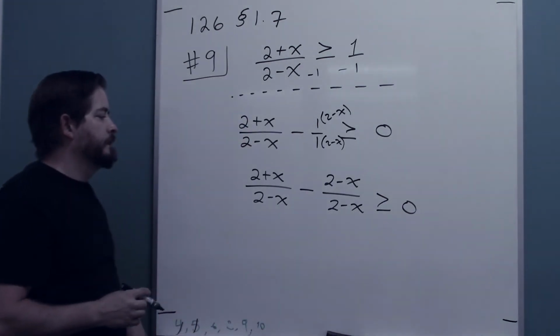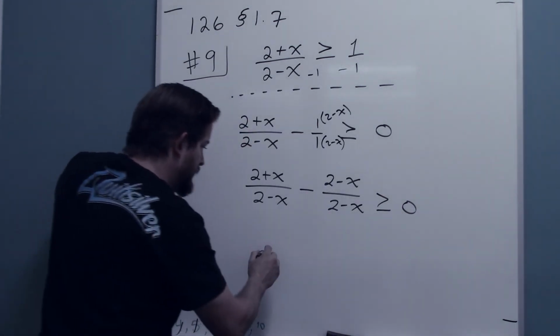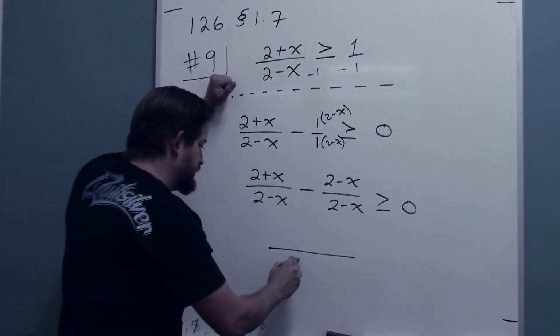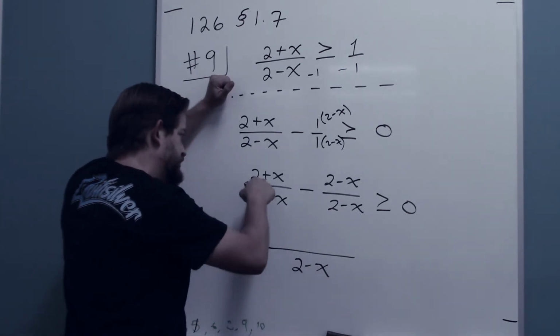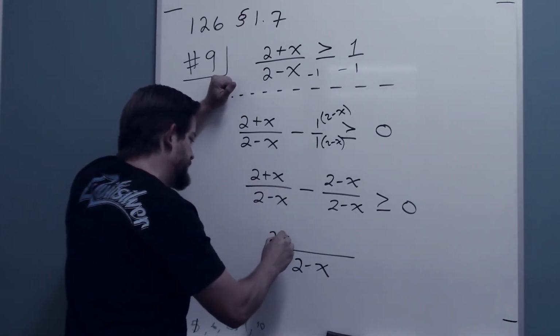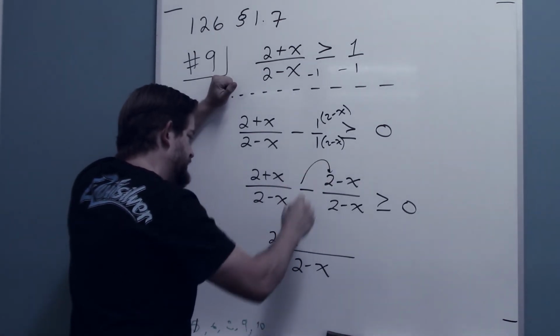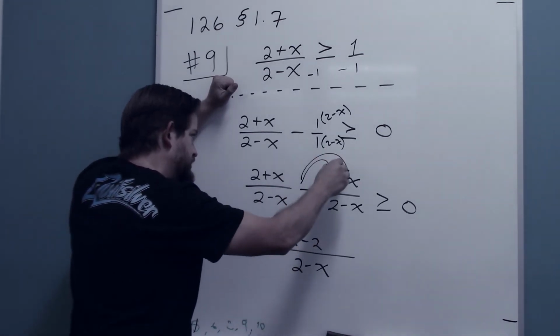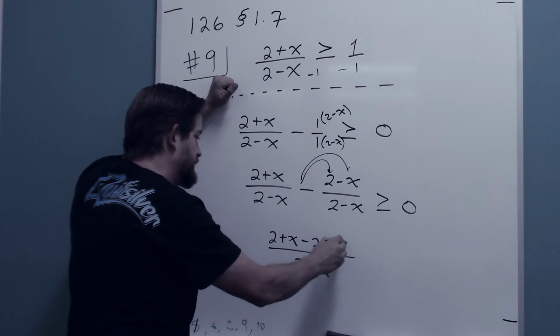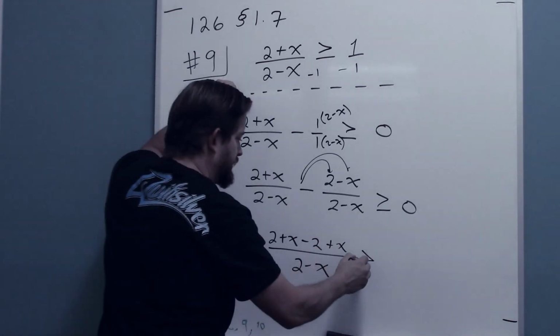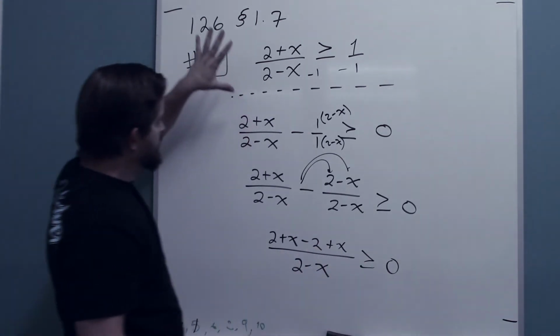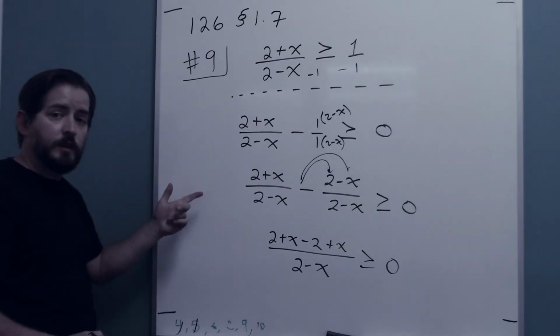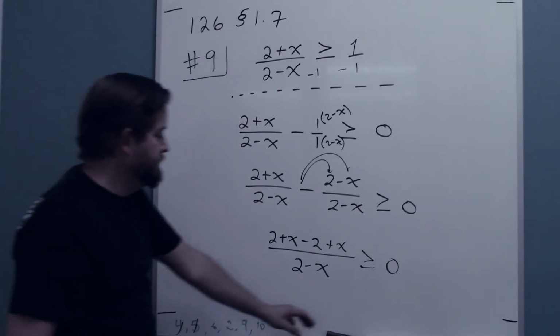Right? And if I combine this all into one big ugly fraction over a 2 minus x, that's 2 plus x minus 2, and this minus gets distributed, so I have plus another x is greater than or equal to 0. I'm going to get rid of some of this stuff up here, so if you need to pause it, go now.